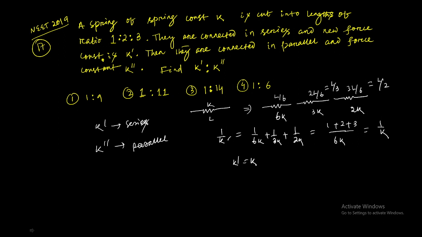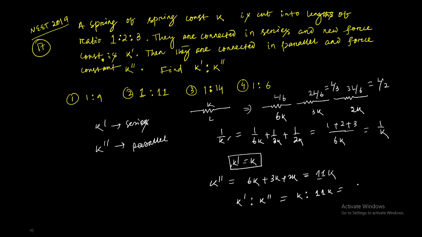So K dash you will get K. Now K double dash, when it is in parallel, this should be 6K plus 3K plus 2K. This will be 11K. So K dash is to K double dash equal to K is to 11K. That will be 1 is to 11. So option number 2 will be correct.